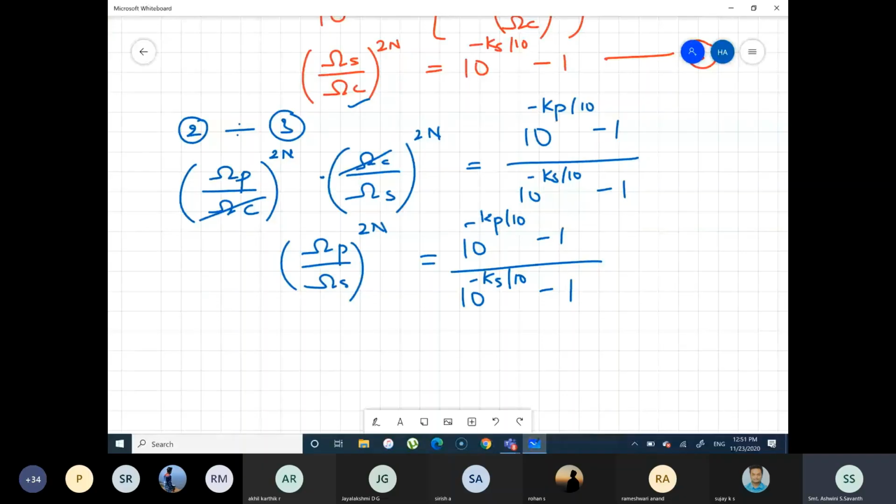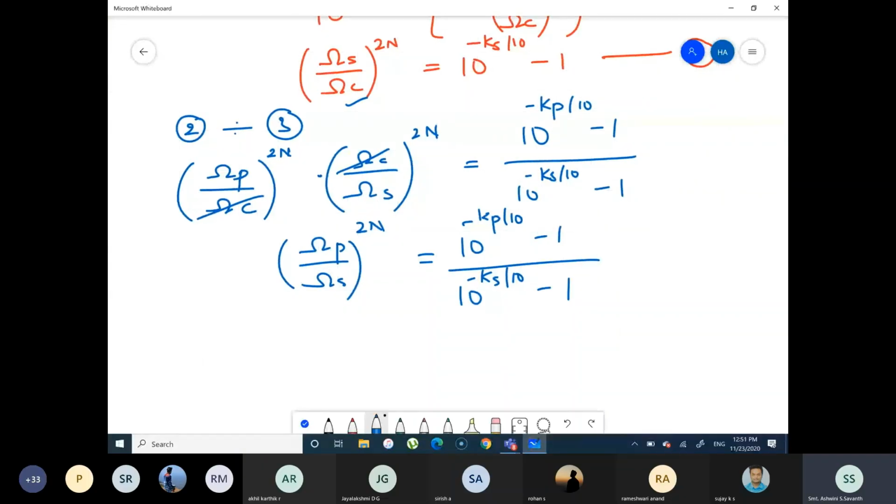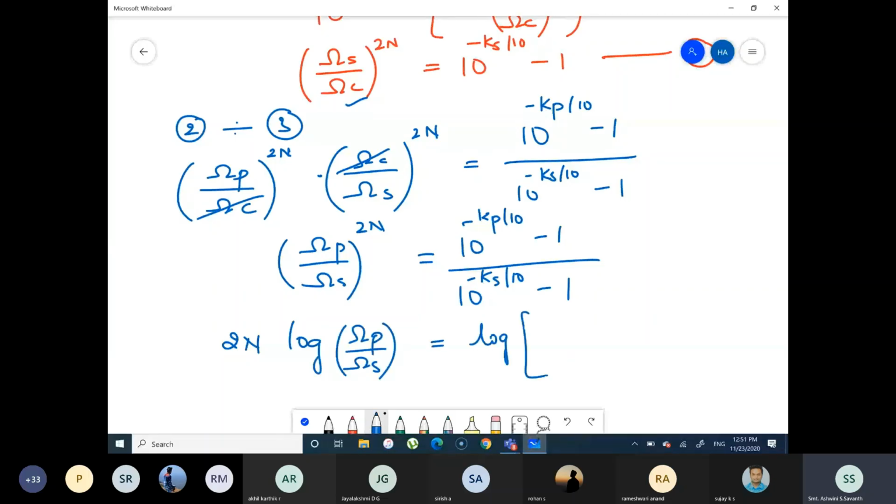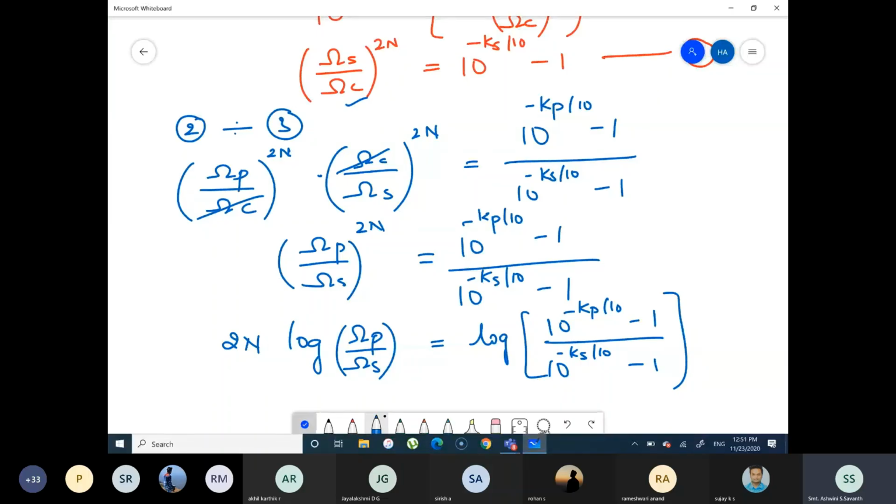So 2n, I can bring it down. 2n log of omega p by omega s equals log of (10 to the power minus kp by 10, minus 1) divided by (10 to the power minus ks by 10, minus 1). So now it's easier to write down the value of capital N, isn't it? Just put 2 log to the other side.